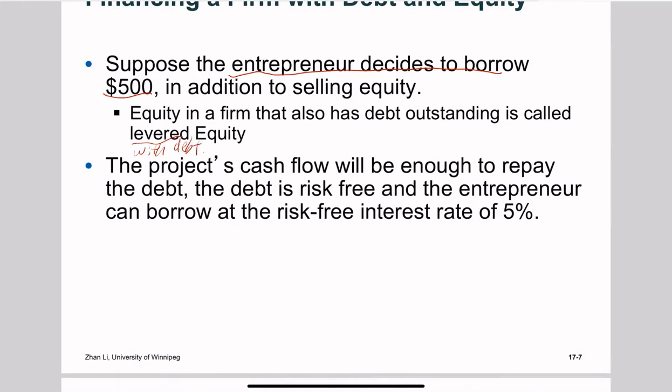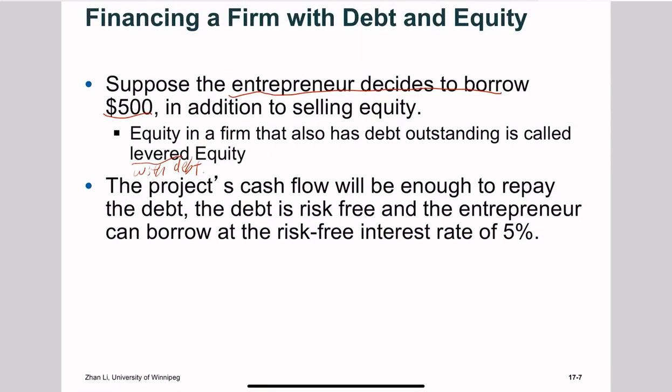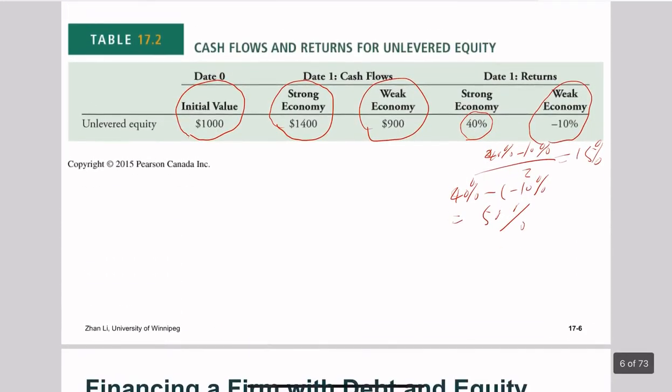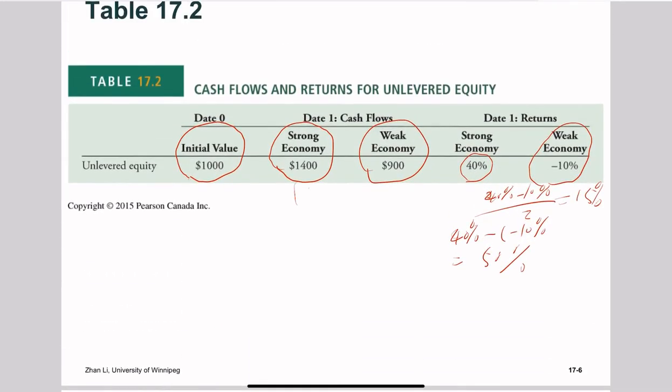Now if you look at the cash flow here, the firm will have two cash flows, this and this. And both of these cash flows are larger than the debt. The firm has only $500 of debt.